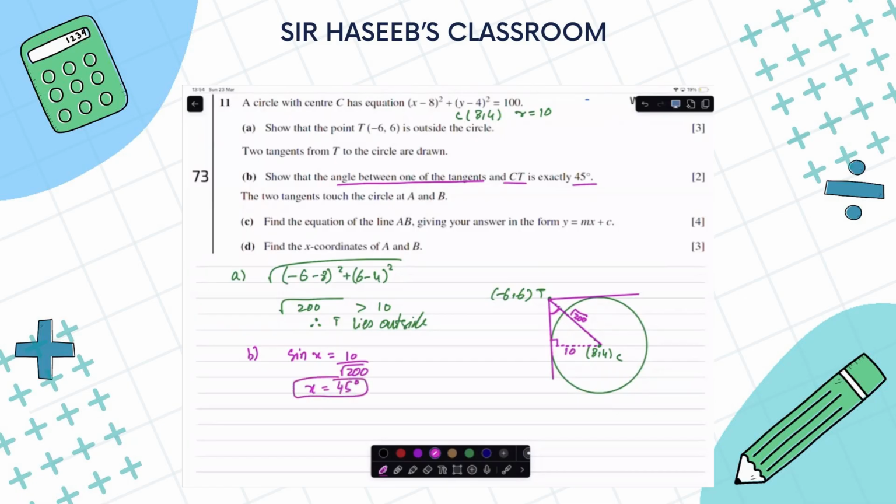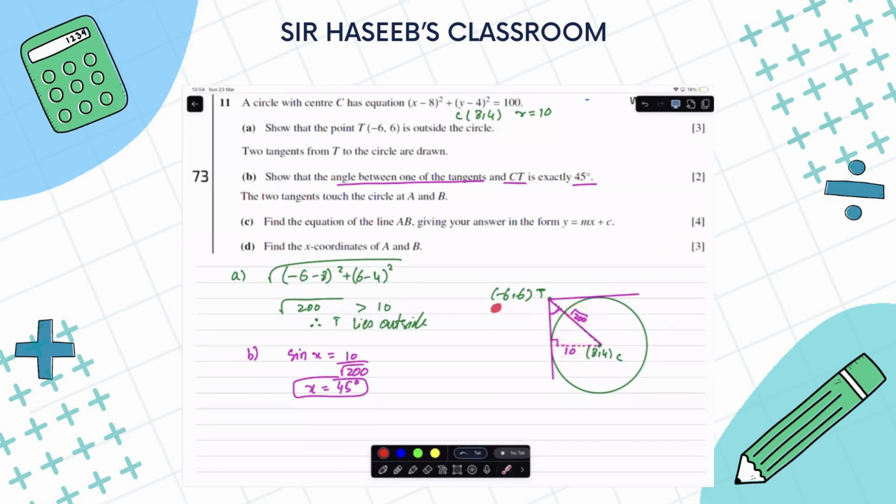45 degrees. Fine. Sir, if you make your diagram a little different, for example if you draw T a little lower than the way you did, will your final answer be wrong? No, because the length will change slightly, and tangent to radius is always 90.